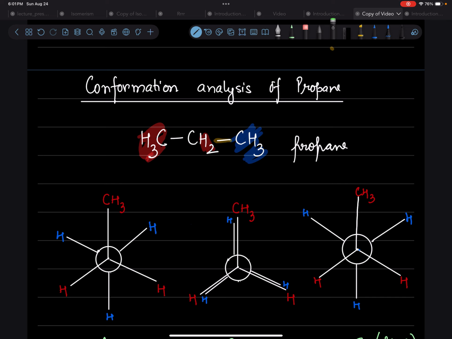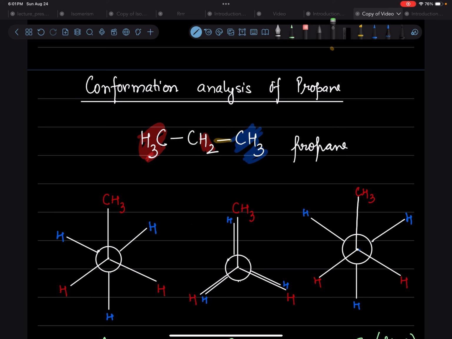So I have chosen this bond. If I focus on the carbon which I have highlighted in blue, you can see that the back carbon is attached to 3 hydrogens, which I have given the blue color. The front carbon is attached to 2 hydrogens, which I have shown here, and 1 methyl group, which I have shown here.